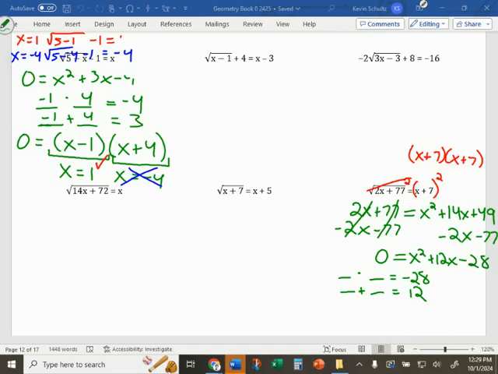4 and 6? No, never. Evan, 14 and negative 2? 14 and negative 2. 14 times negative 2 is negative 28. 14 plus negative 2 is positive 12.